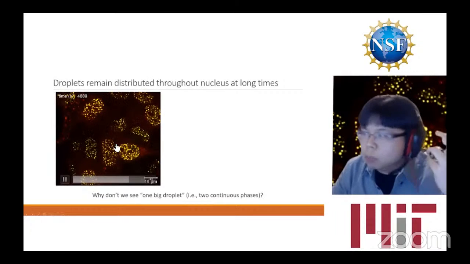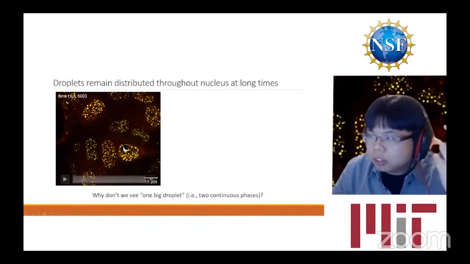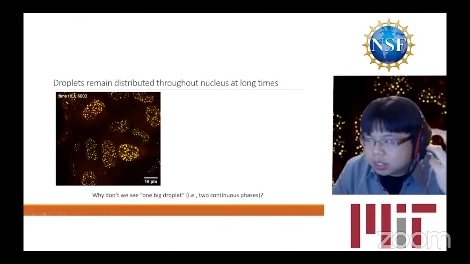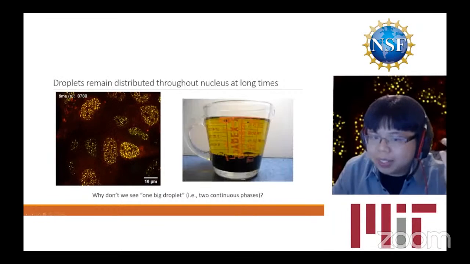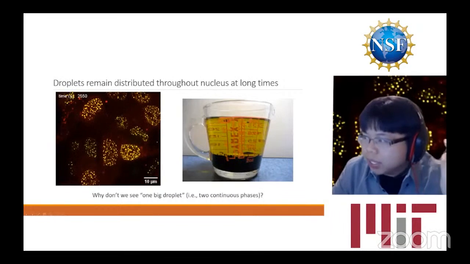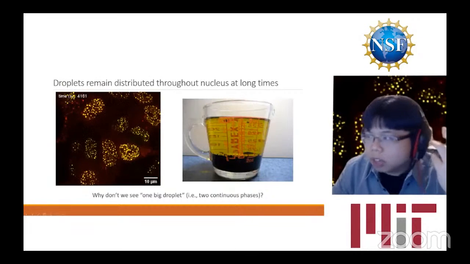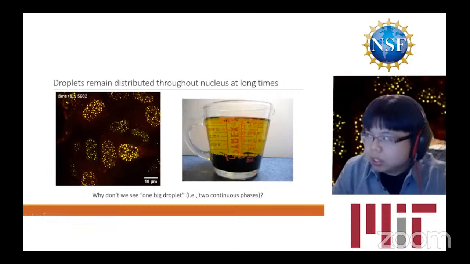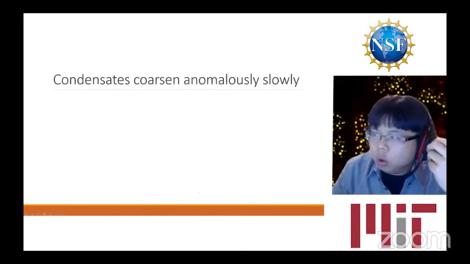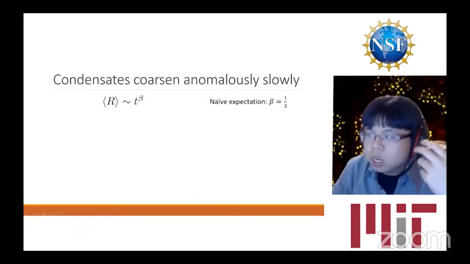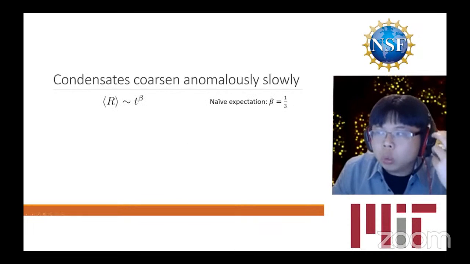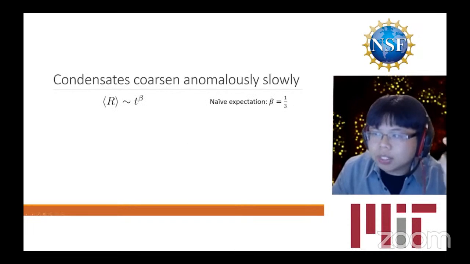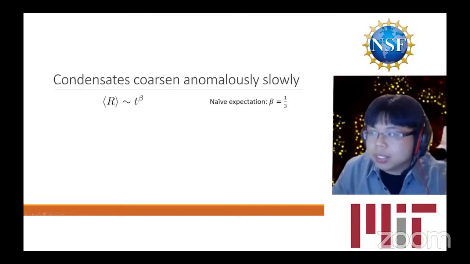This is a little bit perplexing to me because in general, for a phase-separated system, we expect to see the formation of two continuous phases over a long period of time, like you would see here on the right. So we can ask very readily, why don't we see one big droplet? Why don't we see the formation of two continuous phases? To look at that more carefully, we can quantify this. We look at the average radius of the droplets as a function of time. In general, we expect a power law such that average radius goes like t to the beta.